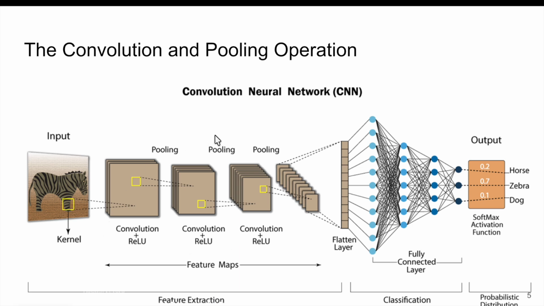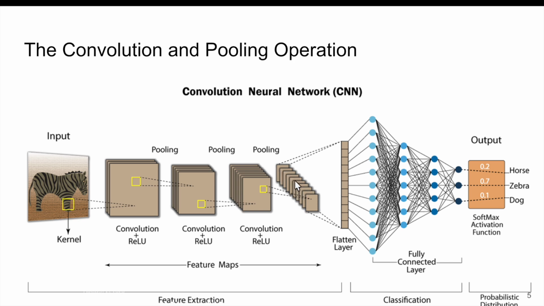So we'll see over here, when we pass this image of zebra, we pass it to a convolution layer, then a pooling layer which reduces the dimensions. As you can see, the dimensions are reduced over here. Then again a convolution and pooling layer, then again a convolution and pooling layer, and finally we have this minimized size of data.